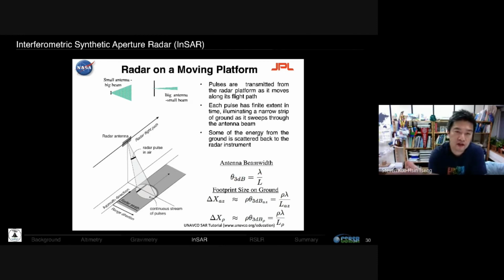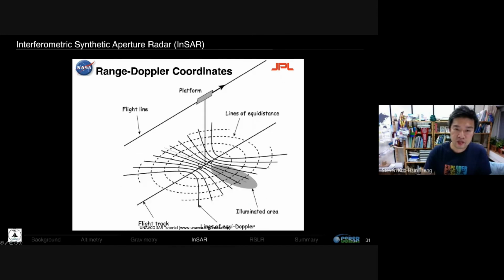Frontward we have increasing Doppler frequency, and backward we have decreasing Doppler shift. So we can also use this strategy to enhance the resolution along track. Combining the time delay and the Doppler frequency delay, we have surface imaging capability from the radar signal.